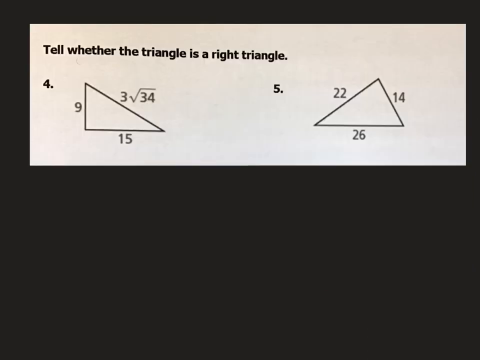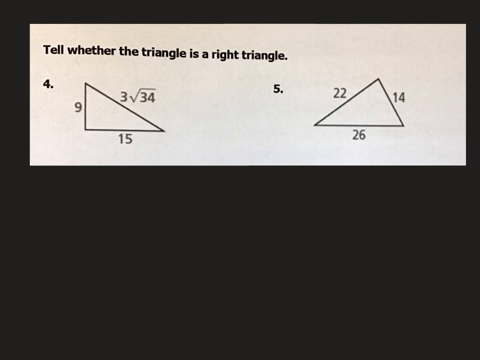Okay, so in 4 and 5, that's what we're doing. We're going to figure out, do these form right triangles or not? So your biggest side has to be your hypotenuse. If you're not sure which one your longest side is, like if we look at number 4, 3 times the square root of 34, that's hard to determine if that's bigger than the other two sides.